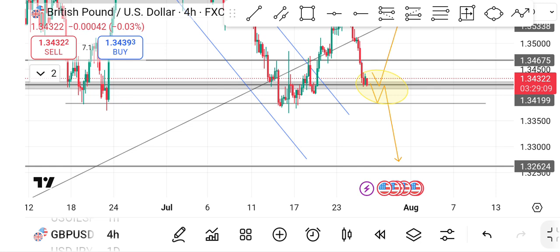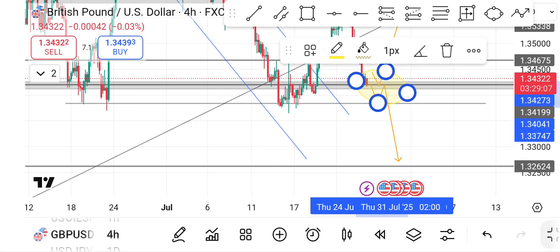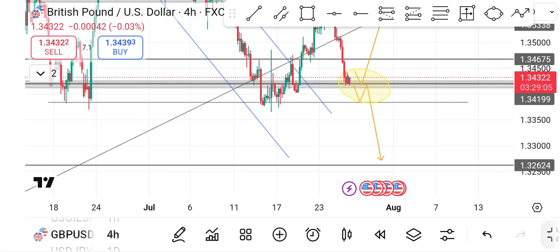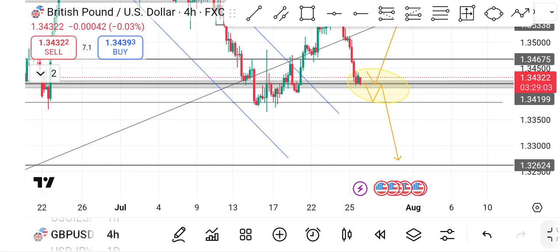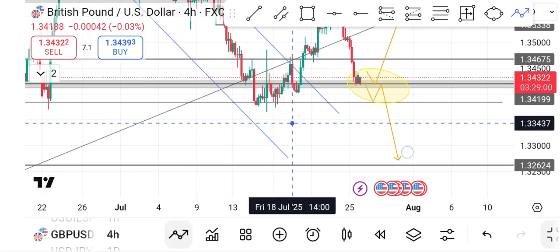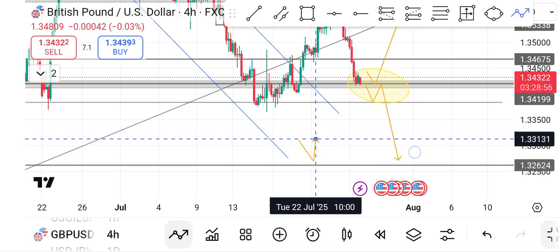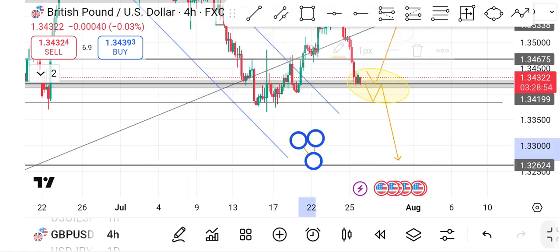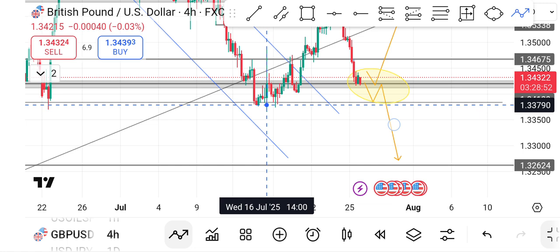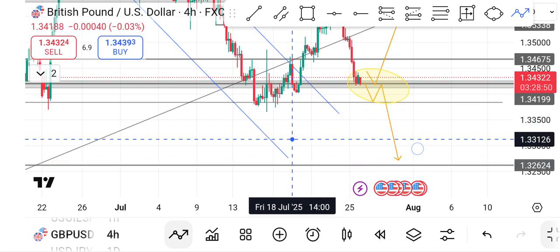So if price breaks out of this area here, breaks out, retests it, then I'm going to look for chart patterns and all of that. That is what I do for almost all my trades. Look for chart patterns that support the whole concept or the whole idea of that particular trade.